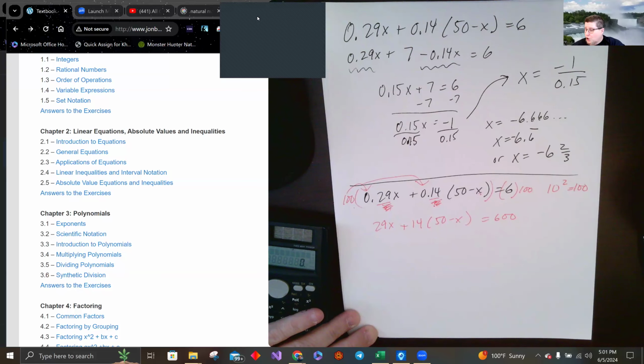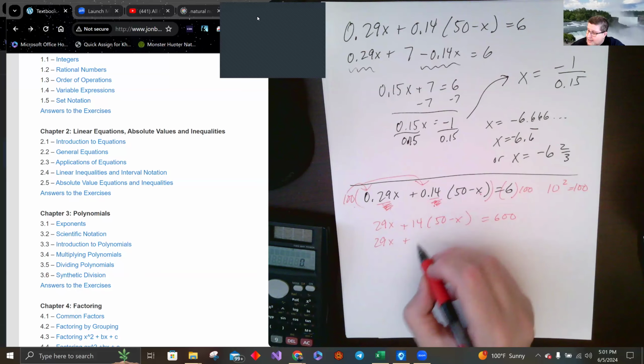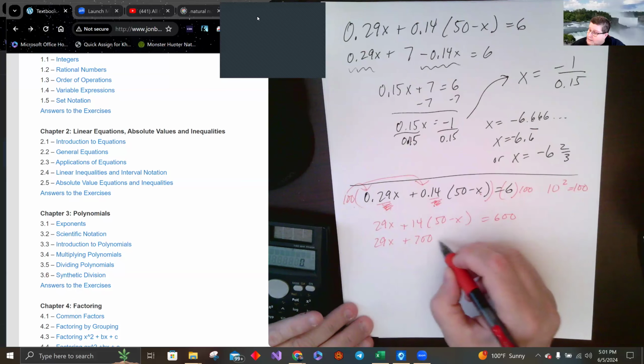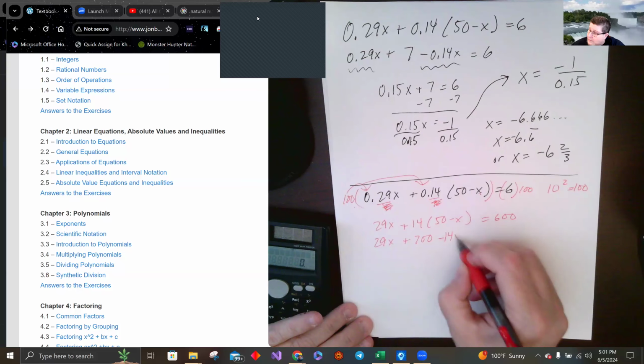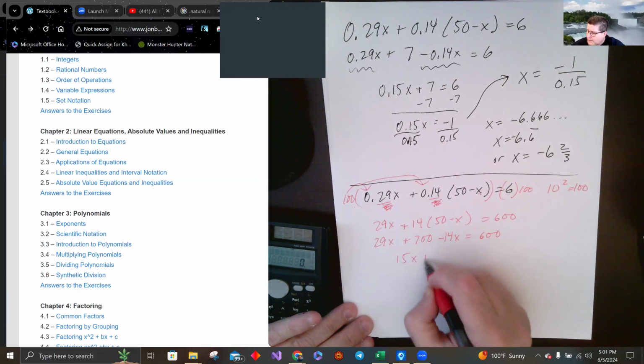All right, so we distribute 14 times 50. It should be 700. Collect like terms.